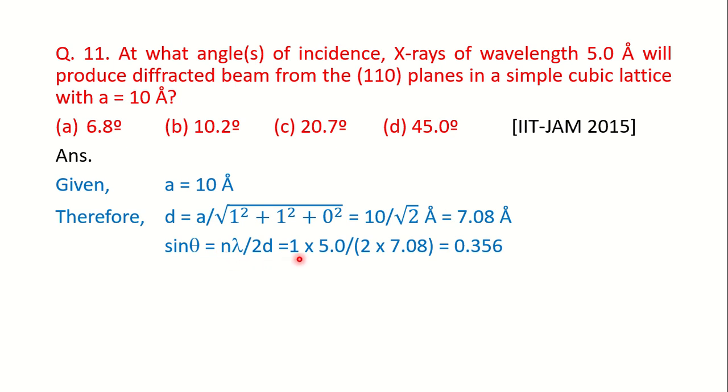Now sin theta. From n lambda equal to 2d sin theta, sin theta must be n lambda by twice d. So the value of n, as it is first order, if nothing is given, then you have to consider it to be first order. Here the order is not mentioned at all. Therefore you have to consider this to be first order. So you must keep in your mind that if order is not mentioned, then you must take the value of n equal to 1, because after the zero order, the most intense line, the next most intense line comes from the first order diffraction.